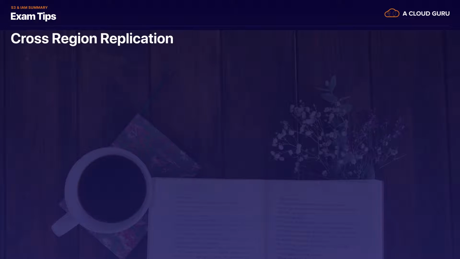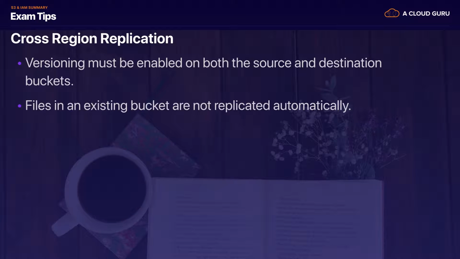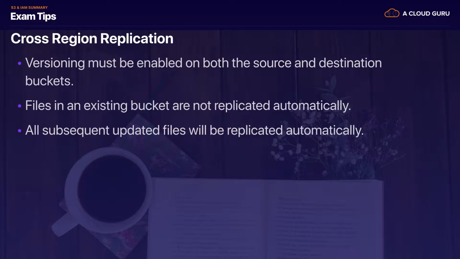So on to cross-region replication. Basically for the exam, you really just need to know what it is, and if you forget, just look at the name. It's a way of replicating objects across regions, but you can also replicate them within the same region. In order for cross-region replication to work, you need versioning to be enabled on both the source and the destination buckets. Files in an existing bucket are not replicated automatically, so if you turn it on for an existing bucket and then create a new bucket, those files will not be copied automatically.